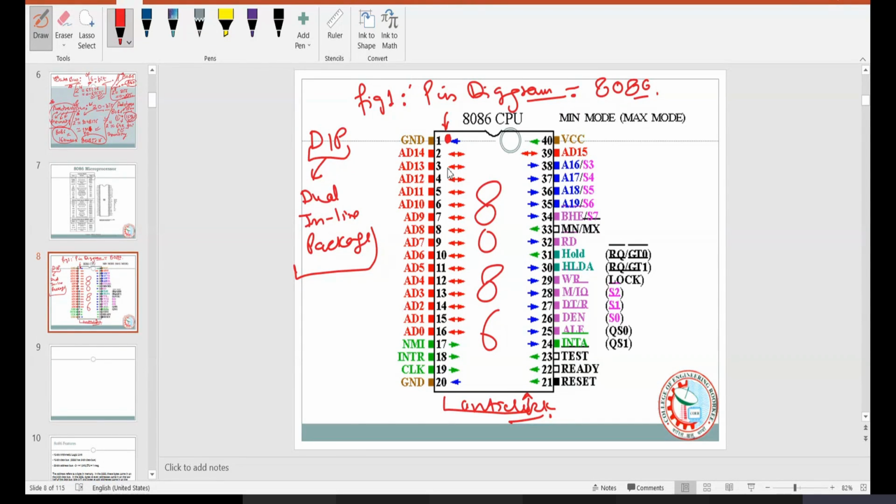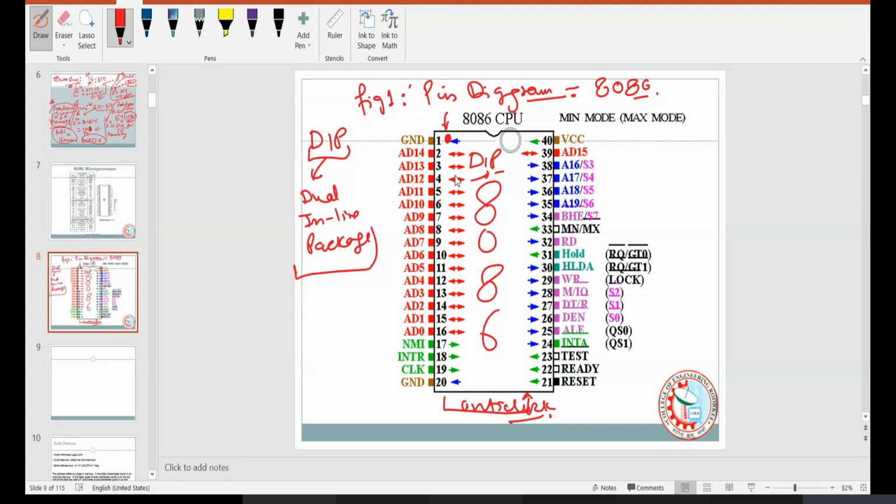DIP means it is having two lines running in parallel, and the package is having the pins on the sides. All right, so this package is called DIP package, dual inline package. Fine. If somebody asks you 8086 is what package, you can simply say it is DIP.